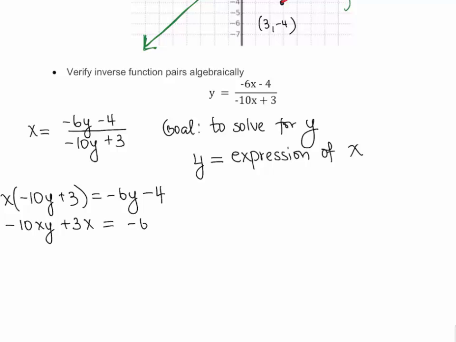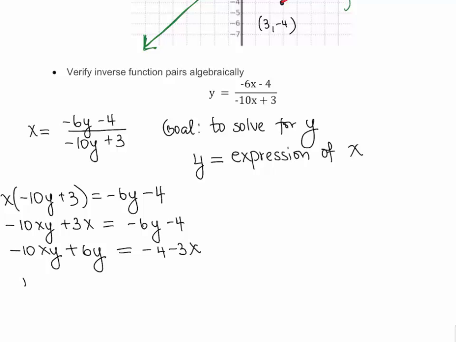On the right, nothing changes. Now I'm going to isolate anything with y on one side and everything else on the other side. So negative 10xy plus 6y is on the left, and on the right we get negative 4 minus 3x.